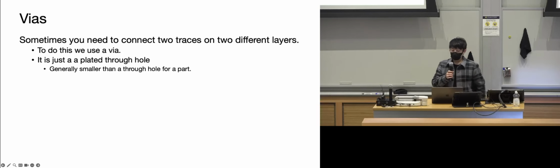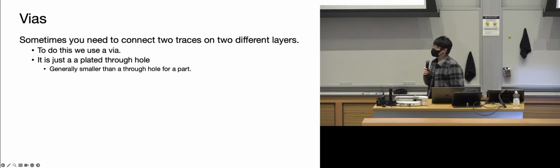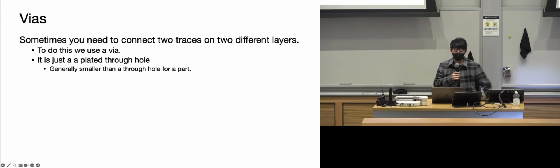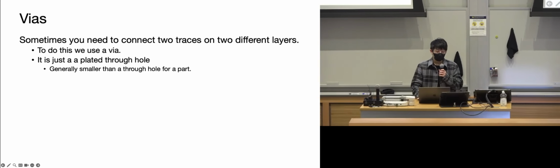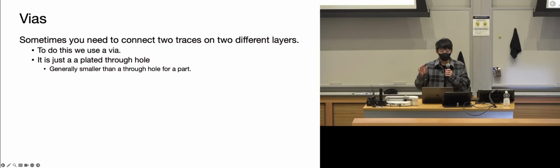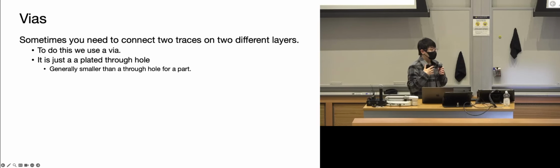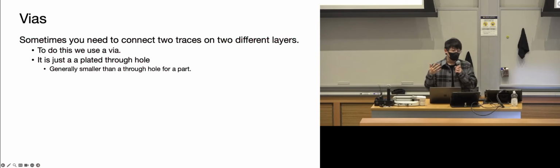Yeah, so some components that are quite good to have. The vias that we briefly talked about, this is usually the component used to connect different layers. So it's very small. It's usually just plated through a hole, but small, so that it doesn't usually get in the way of the component placement.